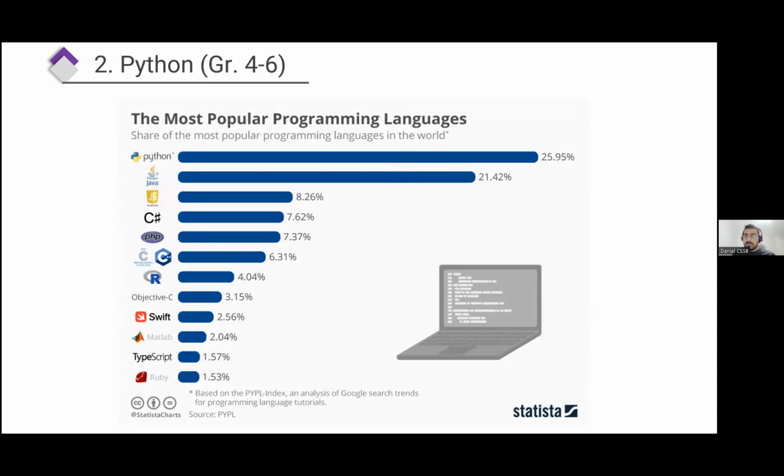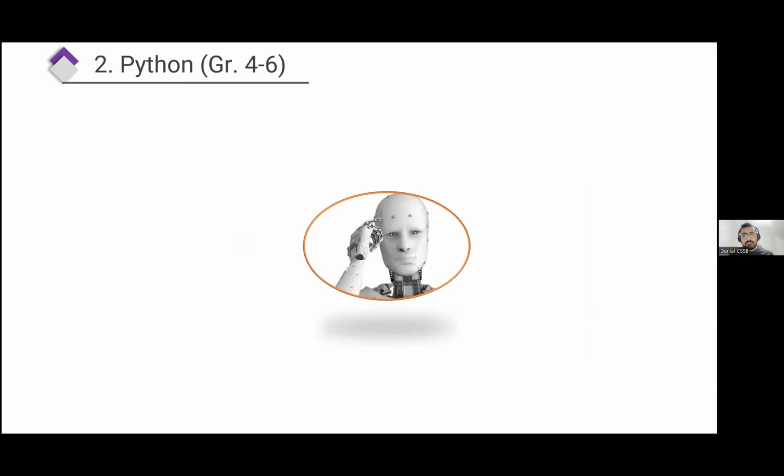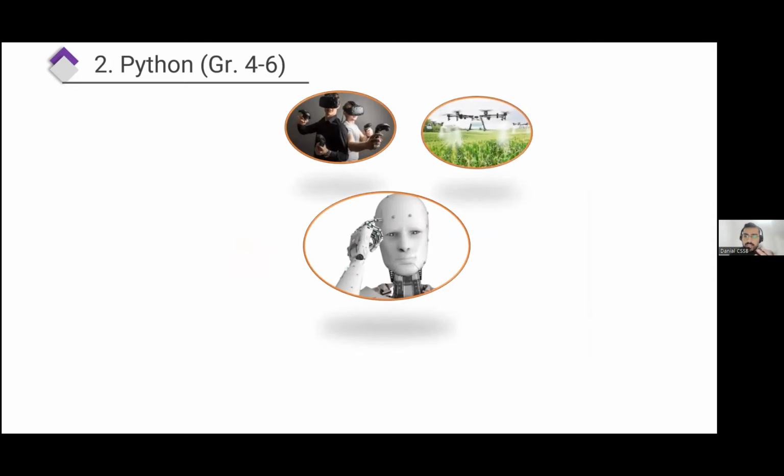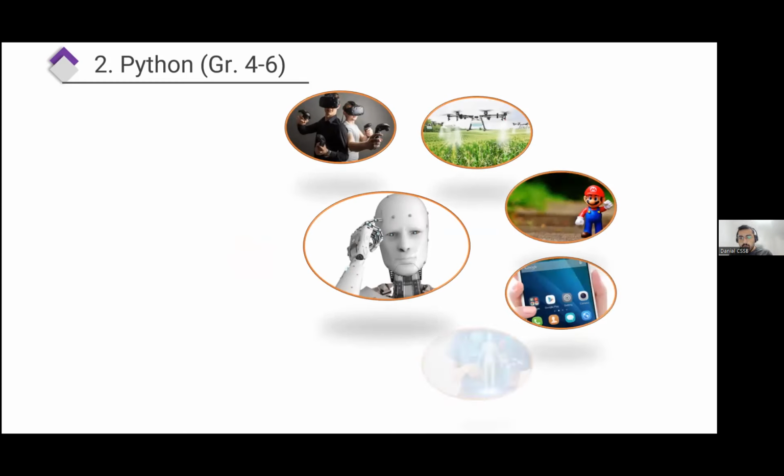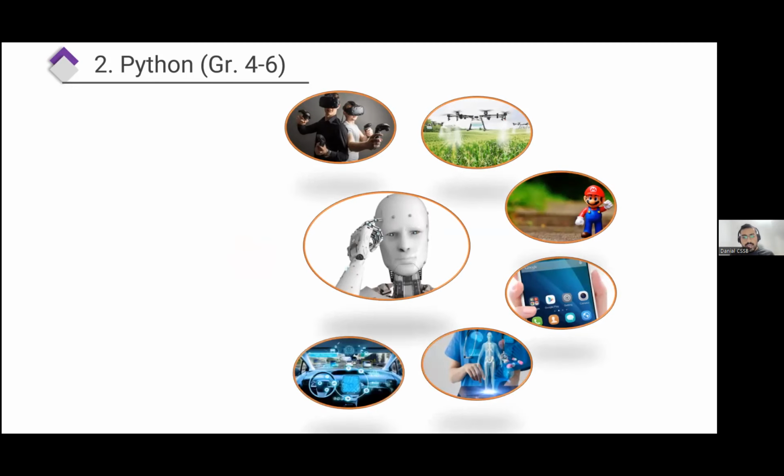So why do we choose this? Because it's the most popular programming language, and we can have it in so many things. We can have gaming, VR, industry, creating games, mobile applications, healthcare, and automobiles like Tesla, and all of the great stuff that you can see in machines right now.